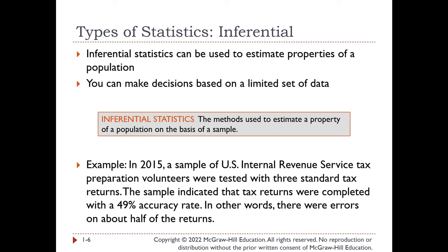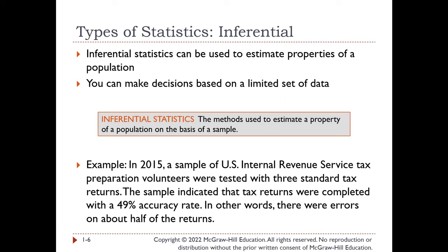In other words, there were errors on about half of the returns. Wow, that seems so true. As a tax accountant, that seems so true. Well, errors do happen. But again, they used a sample.